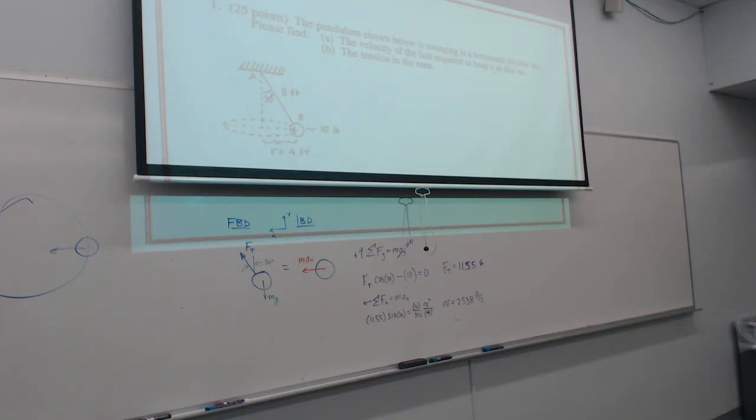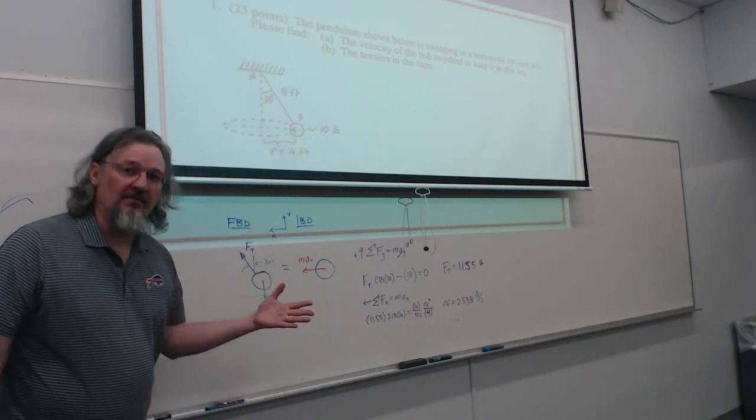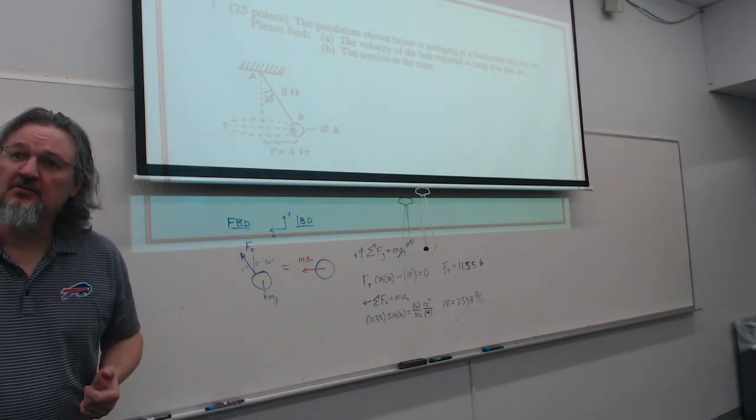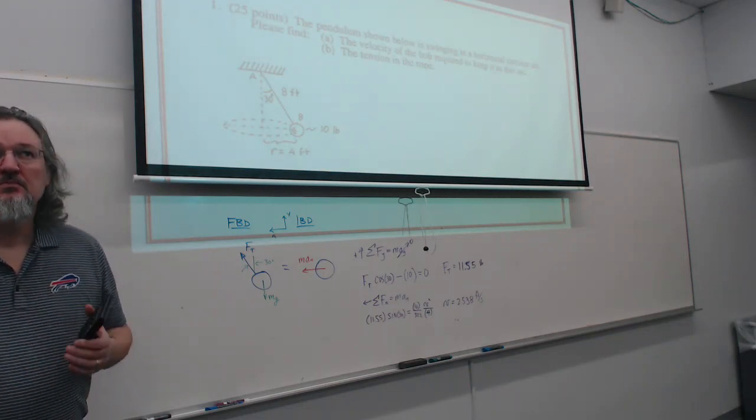Go ahead. I just don't understand how, in the free body diagram, in the sum of forces in the y direction, how come it's not mass times gravity? Is it just 10 pounds? Because the mass, you would divide the weight by gravity and then multiply by gravity again. How do you know that it's the weight and not the mass?